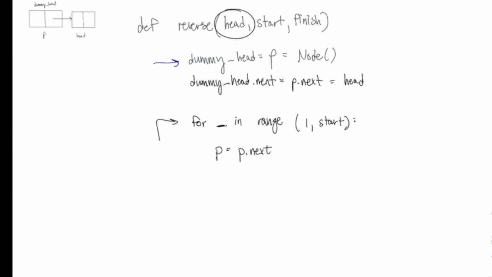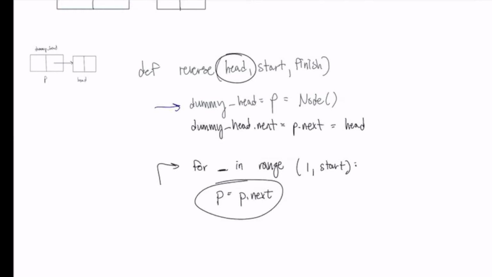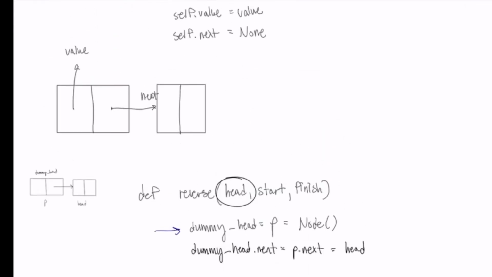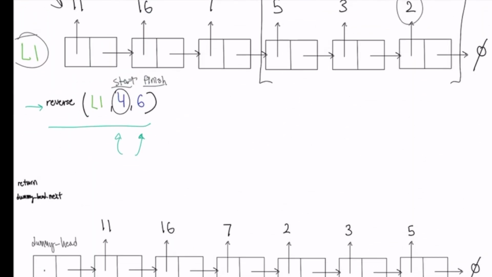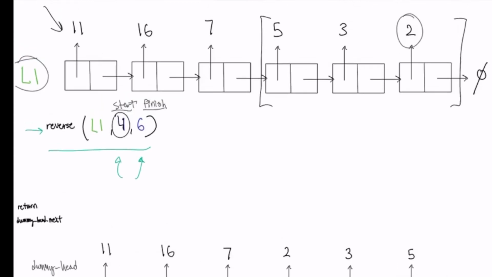So this means that we will do this statement until we hit the node right before the node that's declared as start. In our situation, we have start initialized to 4. So the for loop will stop once we hit this node, because the start variable in this situation is pointing to the node whose value is 5.